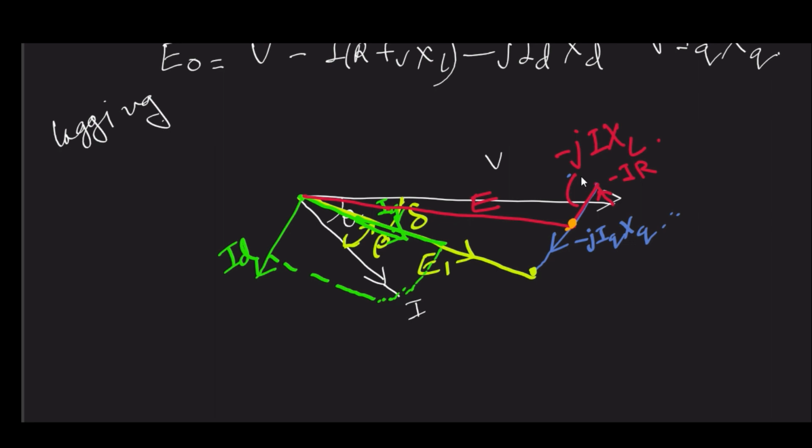It would be like this. And then we can have this one, that is our E naught, right?